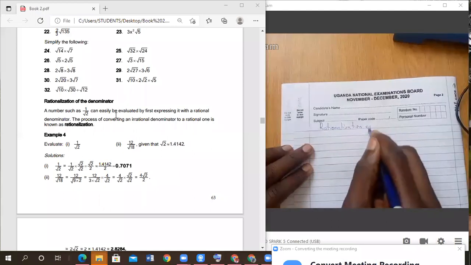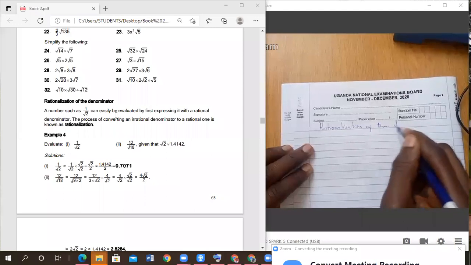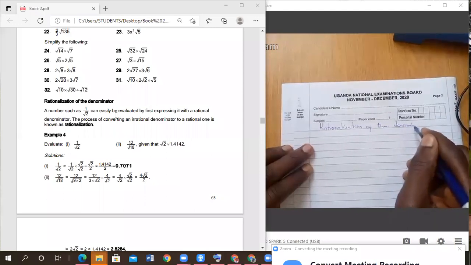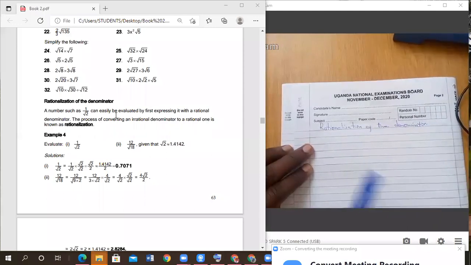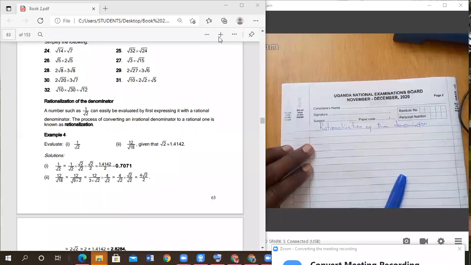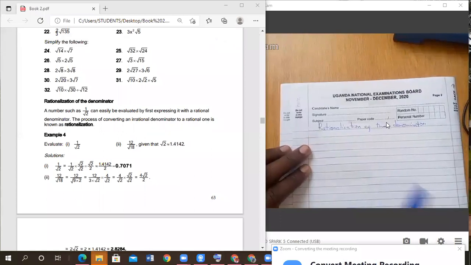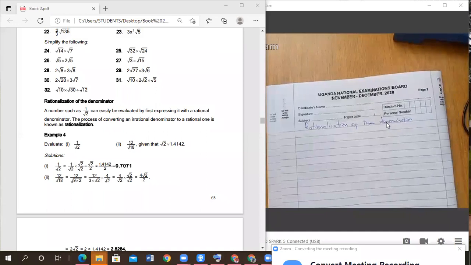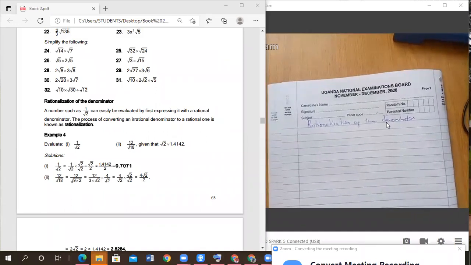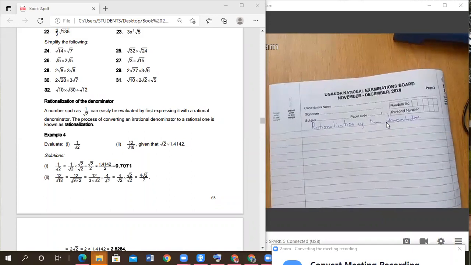Rationalization of the denominator. Our lesson for today, our heading for today, is rationalization of the denominator.